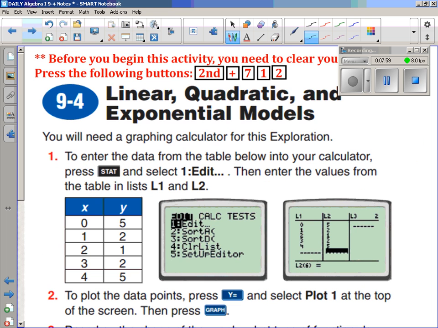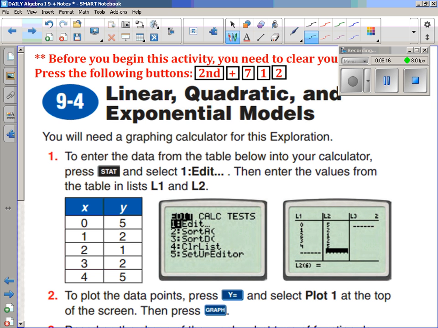So go ahead and go to the next page of your notes. And because I'm talking about this on a video, I'm actually going to skip this first page of talking you through how to use your calculator.